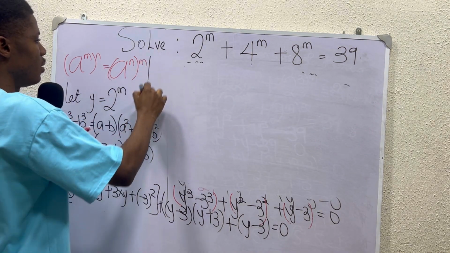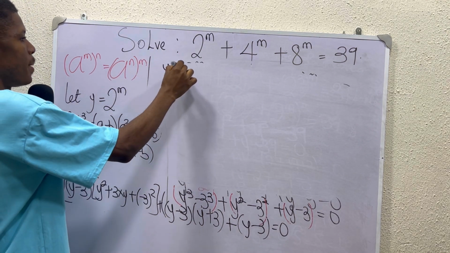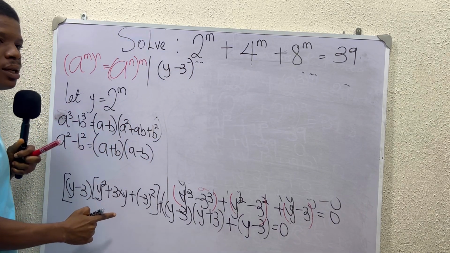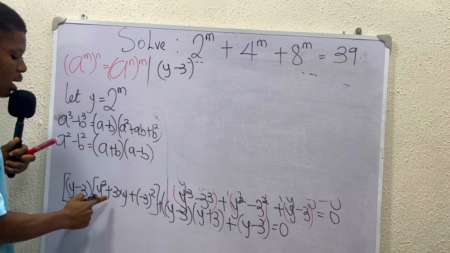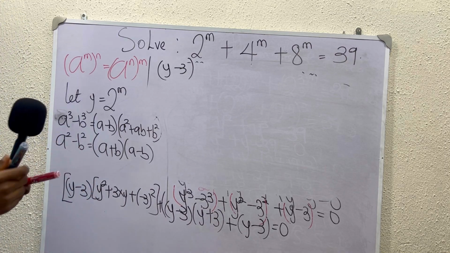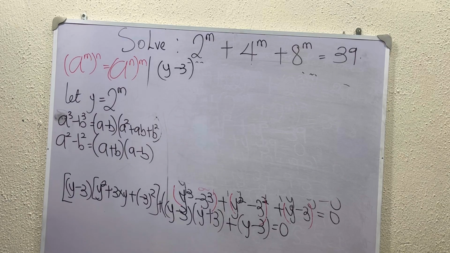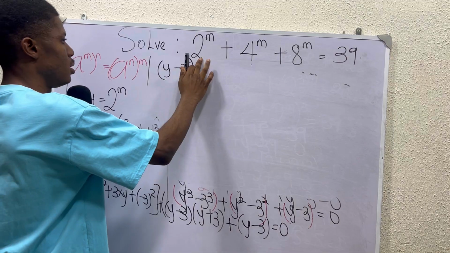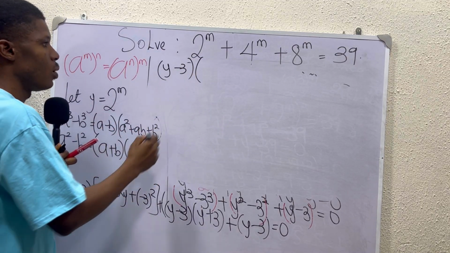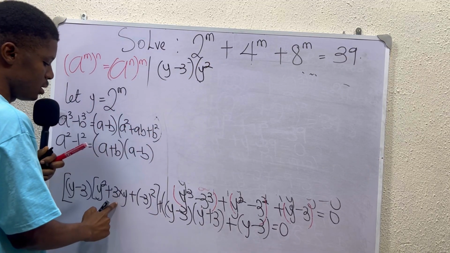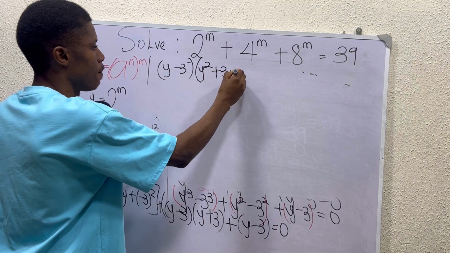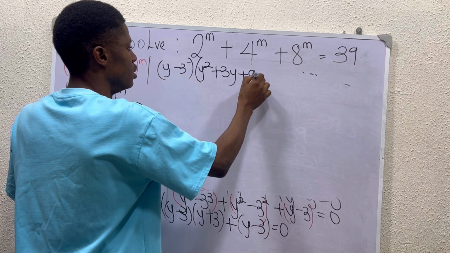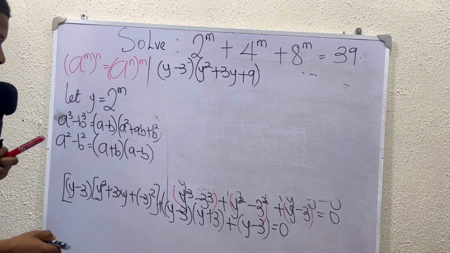You can see we have y minus 3 into y squared, 3 times y is plus 3y, then minus 3 squared is plus 9.